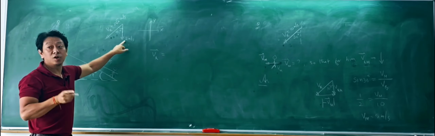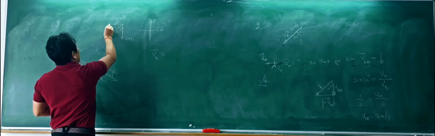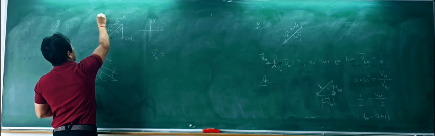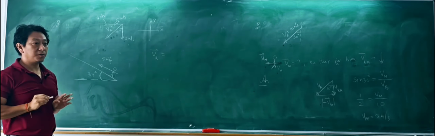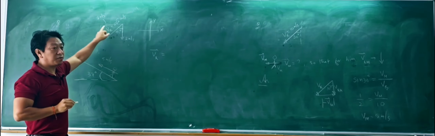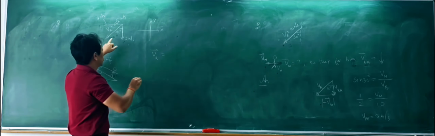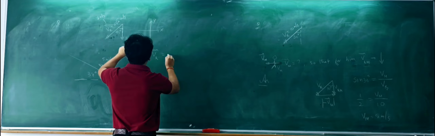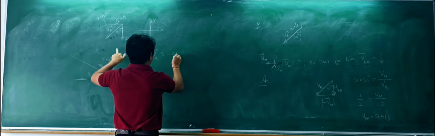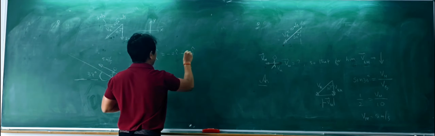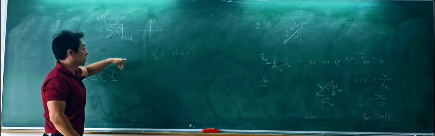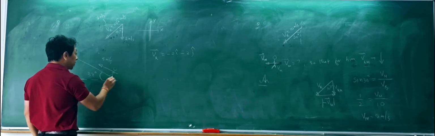Then this will be v cos 30, and here what will be the velocity? 2 meters per second. All of you understood? Vr cos 45, Vr sin 45. So what are the velocities of rain? Minus 2 i cap, minus 2 j cap.